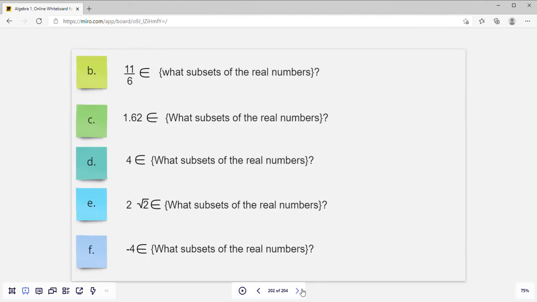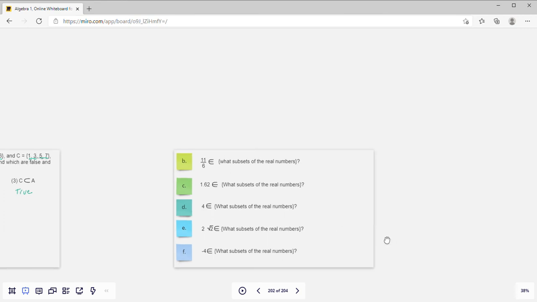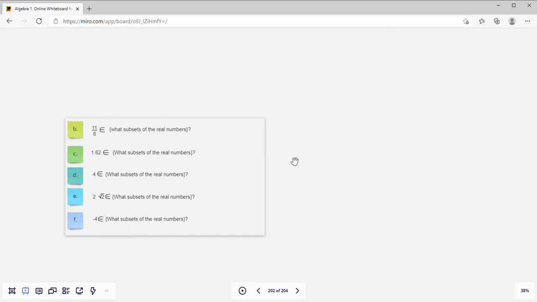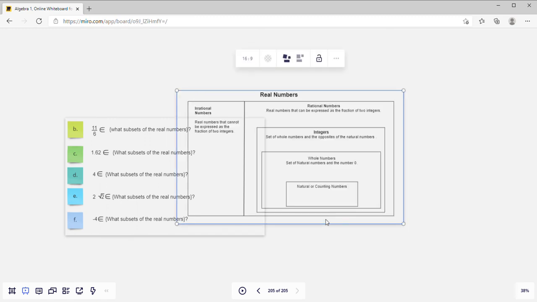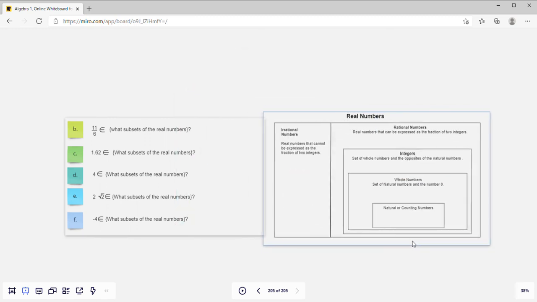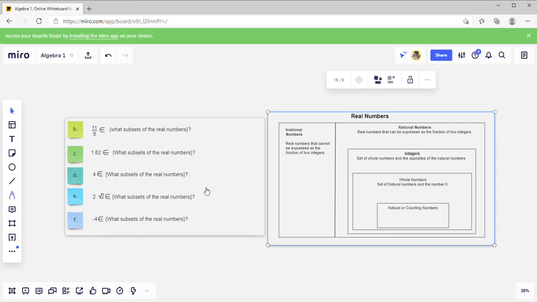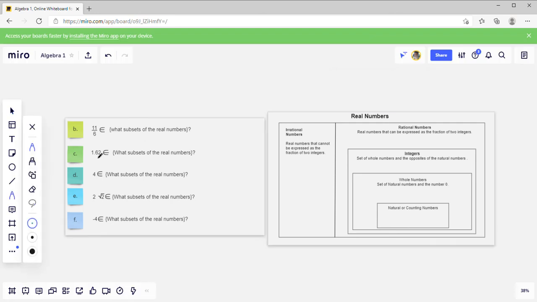All right, this next one, we are going to need our little box that shows us our number relationships here. Move it to where we can see it. So we're going to use that to answer these questions. So 11 over 6. What subsets of the real numbers? Well, first of all, they're all going to be real.